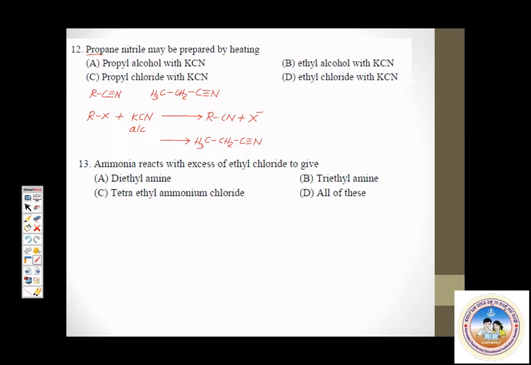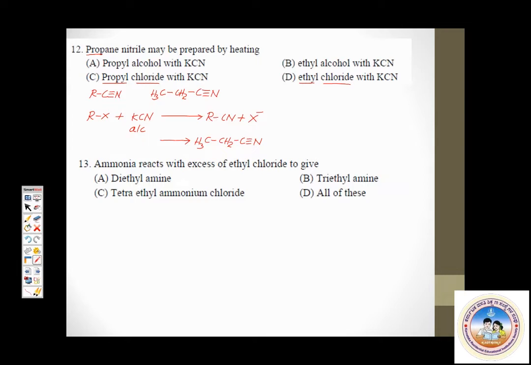Option A has alcohol. That's not to be considered. Option B also has alcohol, ethyl alcohol. No, you don't use alcohol. Option C has propyl chloride. Option D is ethyl chloride. Okay. So our answer is one of these options, C or D. Because in options C and D, you have alkyl halide.